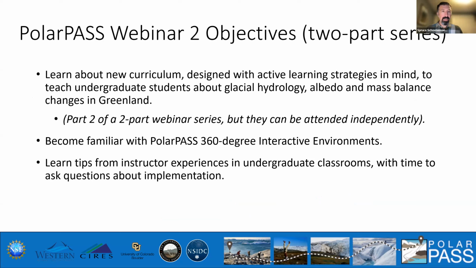All right, so the main objective of these webinars is to share this new curriculum that we have just completed recently. It's designed with active learning strategies to teach undergraduate students about a number of different concepts. So things like glacial hydrology, geomorphology, albedo and mass balance, glacier length variations. So if you did attend the first webinar, that was focused on using GIS and mapping different regions of Greenland.